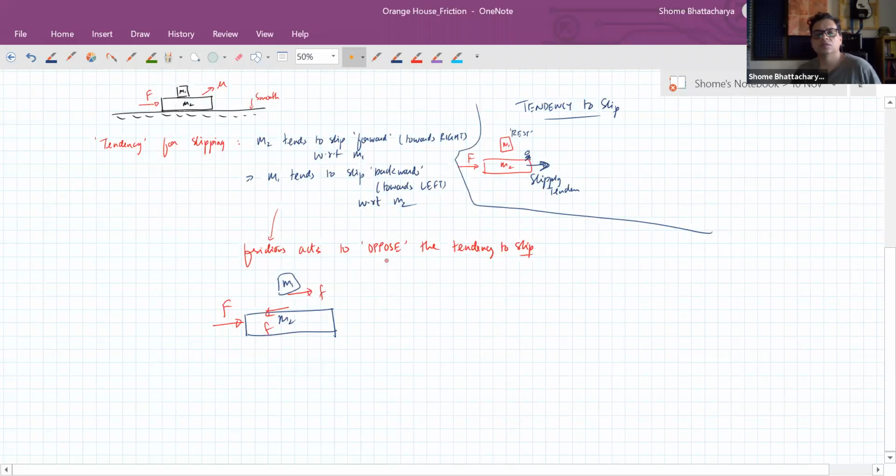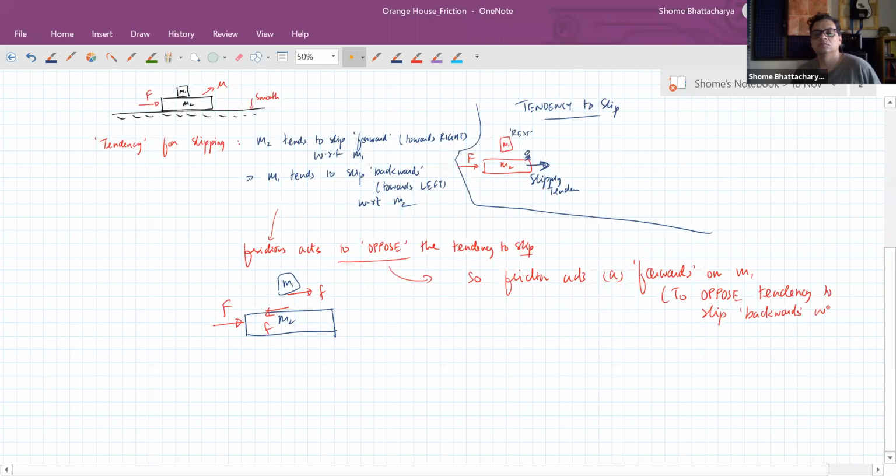So friction acts forwards on M1 to oppose the tendency to slip backwards, and backwards on M2, again to oppose this tendency to slip forward.